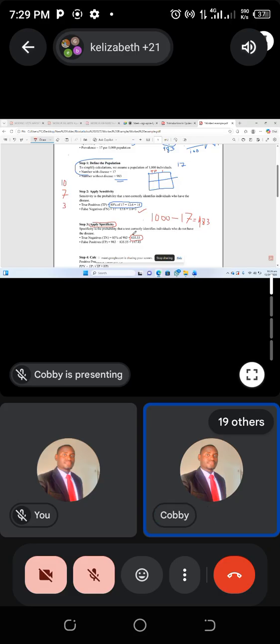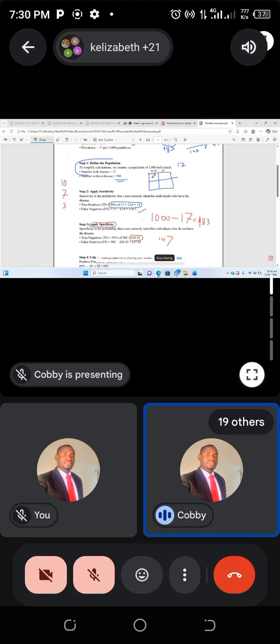It's giving us what? 147. Great. So this 147 are going to test what? Positive. These will be false positives. So here, false positives, we have found them here. We put them here.